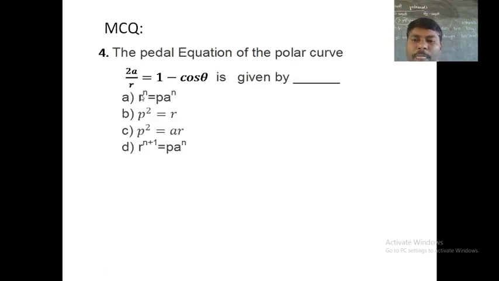Fourth one, the Pedal equation of the polar curve 2a by r is equal to 1 minus cos theta is given by, so the Pedal equation for this curve is, answer is C, p square is equal to ar.